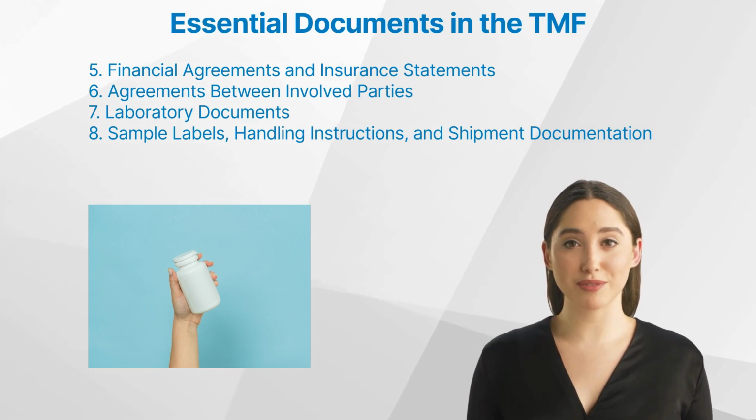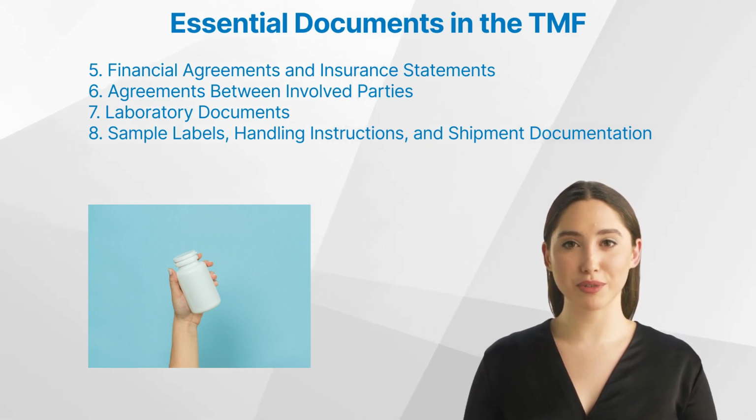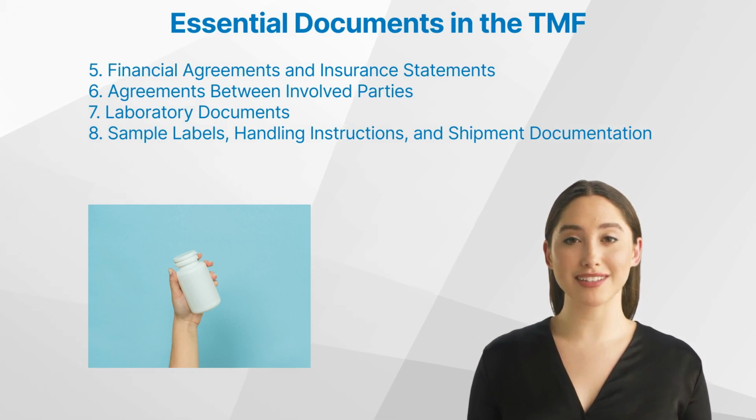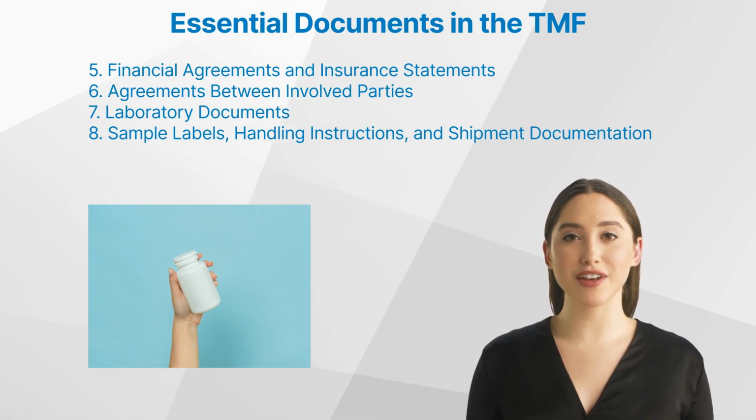Agreements between involved parties. Agreements between the investigator institution, sponsor, and any other involved parties are crucial for establishing clear roles, responsibilities, and expectations. These agreements outline the obligations of each party and ensure effective collaboration throughout the trial.